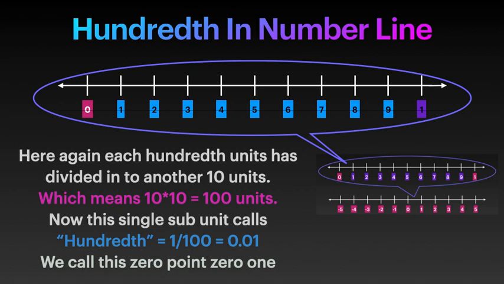Now there are 100 subunits within the main unit. We can write this situation as 1 by 100. If we divide 1 by 100, the answer is 0.01. Now we clearly understand what a hundredth is.